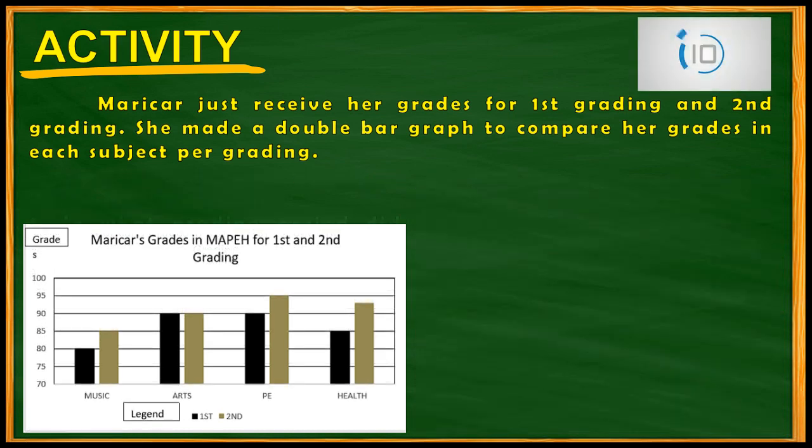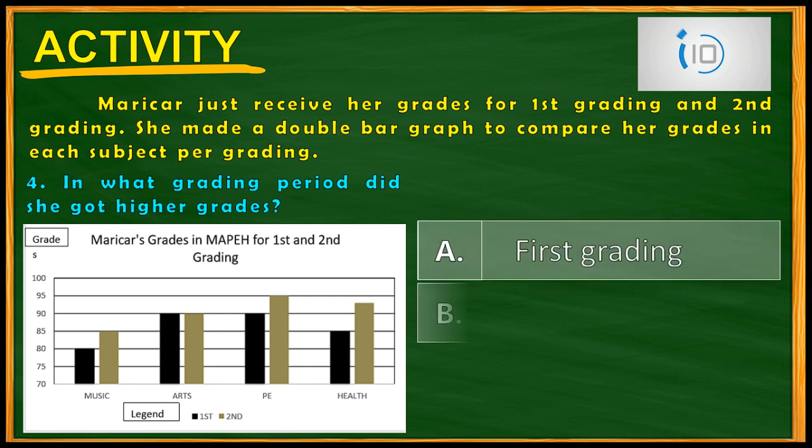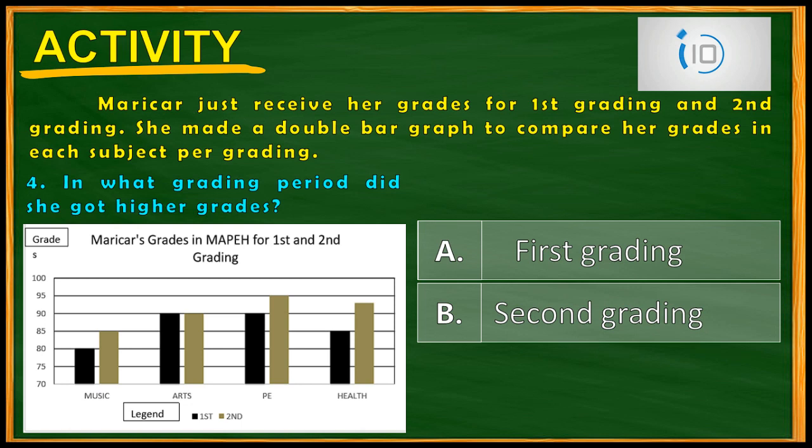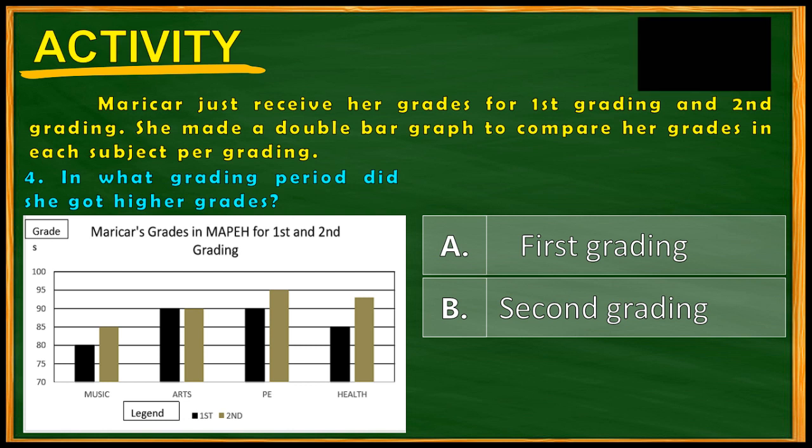Now for question number 4. In what grading period did she get higher grades? Is it letter A, first grading, or B, second grading? Your timer starts now. Comment down your answer in the comment section below.